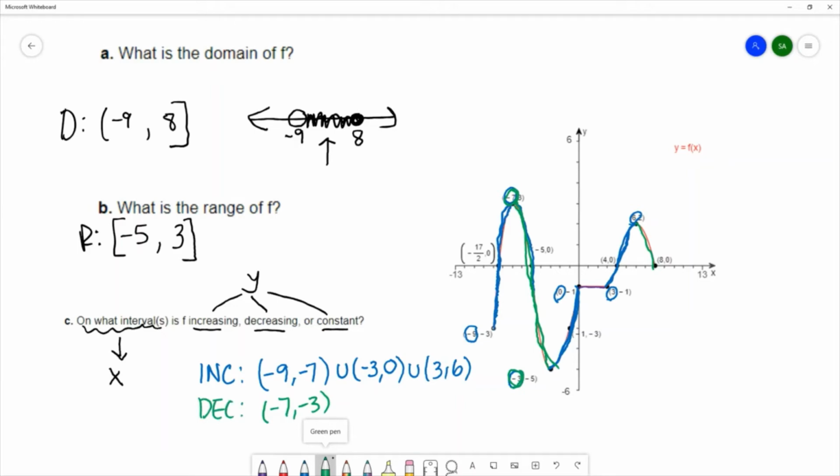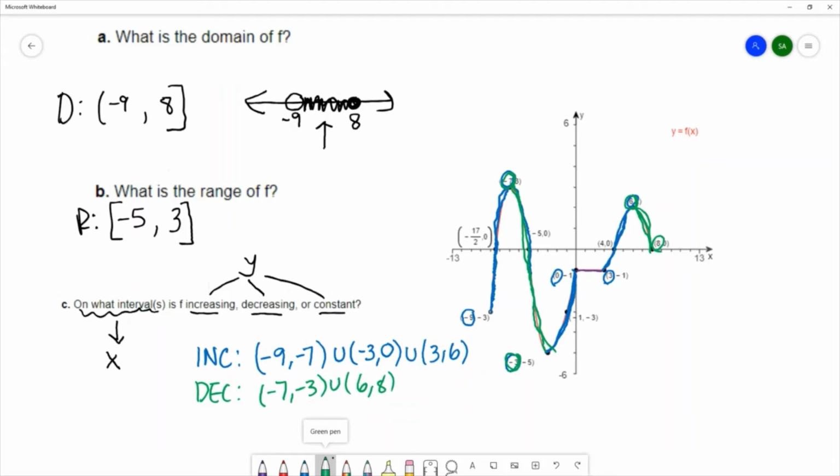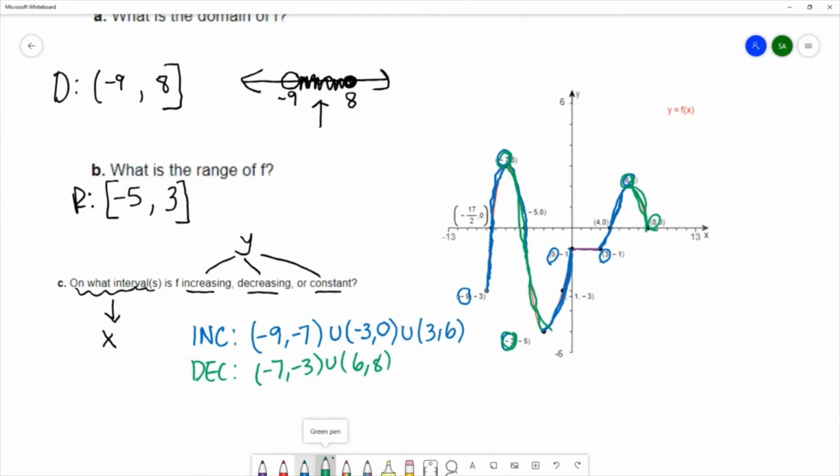And this section here also is decreasing, and it starts with an x value of 6 and ends with an x value of 8. And we have one section where the graph is constant, and that starts with an x value of 0 and ends with an x value of 3.